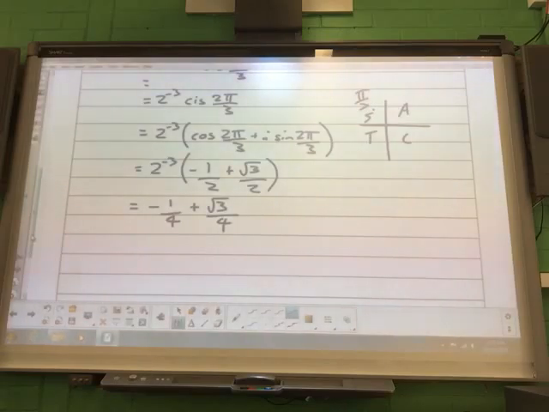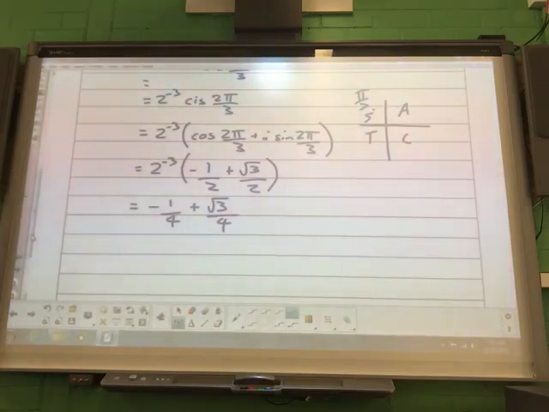No, that's not right. 2 to the negative 3 is 1 over 8, so it's negative 1 over 16.